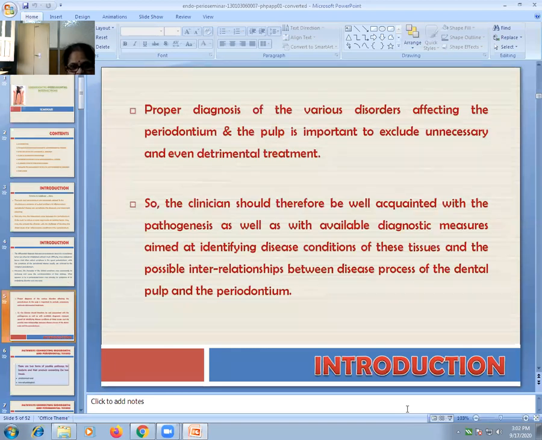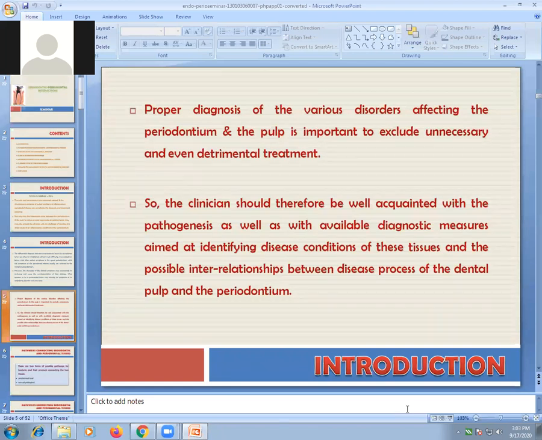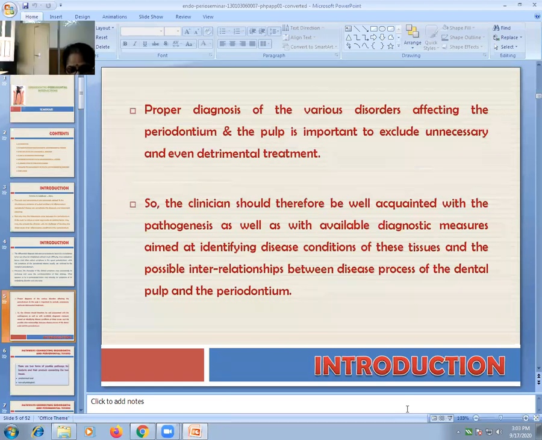The treatment plan is always decided with the proper diagnosis, because it determines whether to treat the pulp or whether only periodontal treatment is enough. If it is only pulpal origin, you have to treat only the pulp. If it is periodontal origin, you have to treat only the periodontium. The question arises only when they interact with each other.